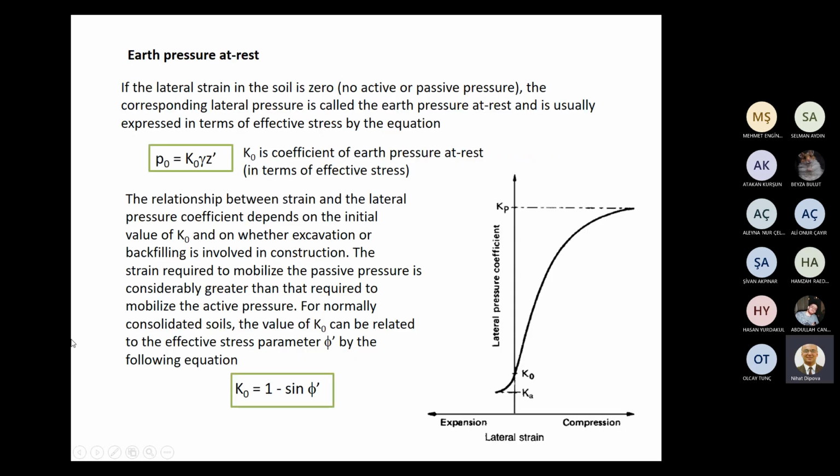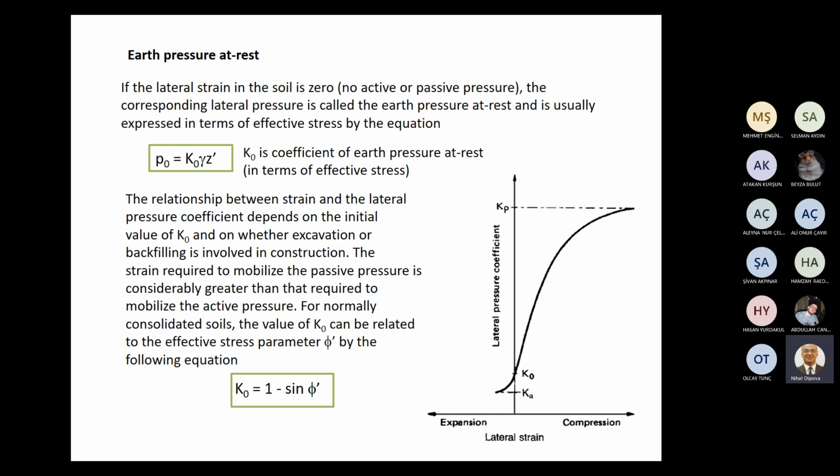The relationship between strain and lateral pressure coefficient depends on the initial value of K0 and on whether excavation or backfilling is involved in construction. The strain required to mobilize the passive pressure is considerably greater than that required to mobilize the active pressure for normally consolidated soils.